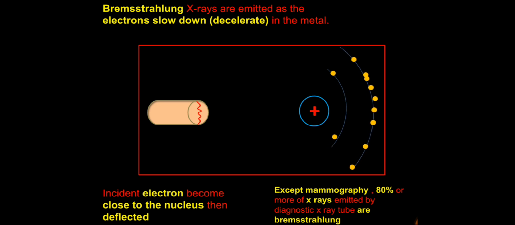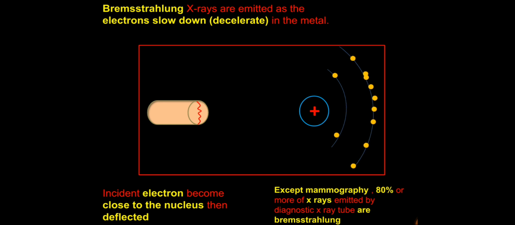Except in mammography, 80% or more of the X-rays emitted by a diagnostic X-ray tube are bremsstrahlung, because the target anode material in mammography is molybdenum, but in other diagnostic processes it is tungsten, and this difference in materials creates a difference in atomic number.